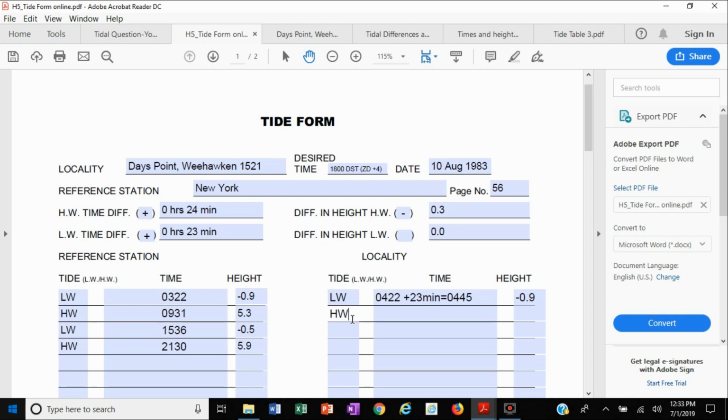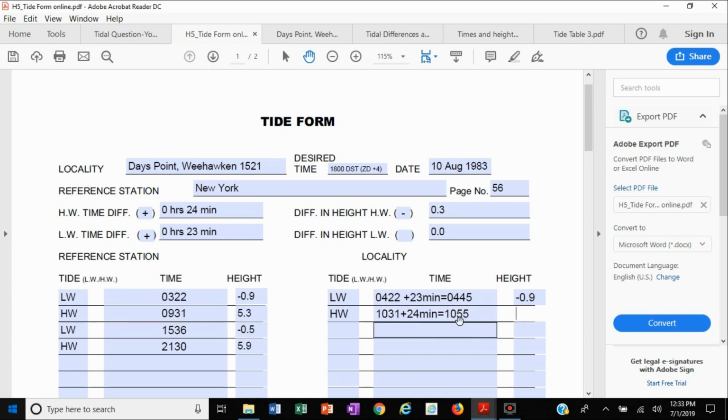So the next one's high water. We're going to add 1 hour to 9:31 to make it 10:31. Then we're going to add, what? Is it 23 minutes or 24 minutes? We're dealing with high water now, right? So 24 minutes. And what does that come out to? 10:55.